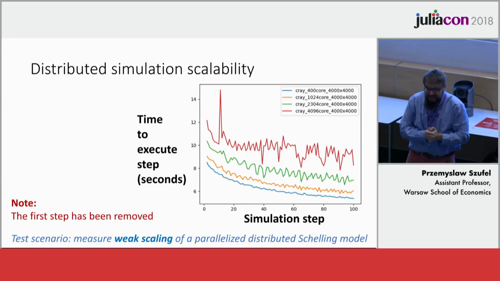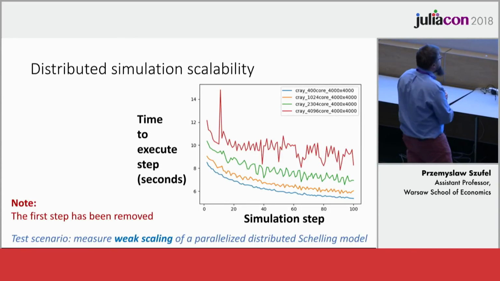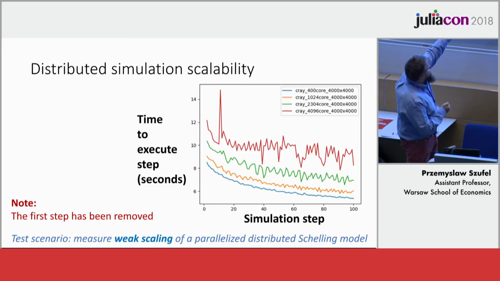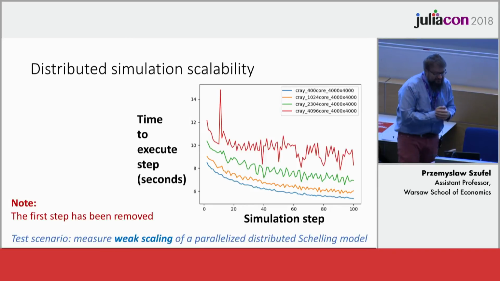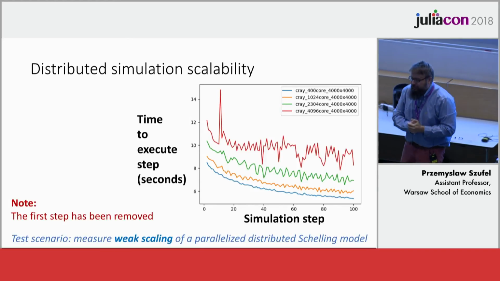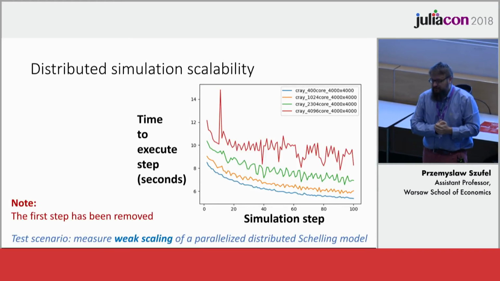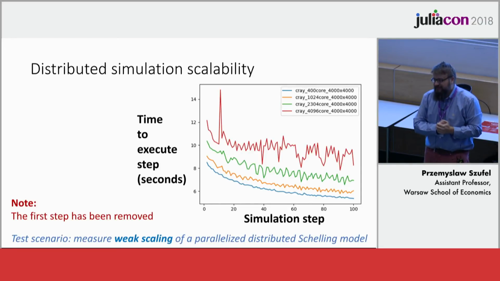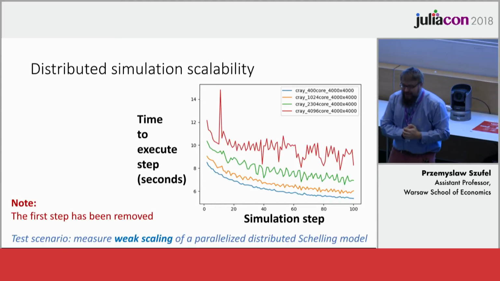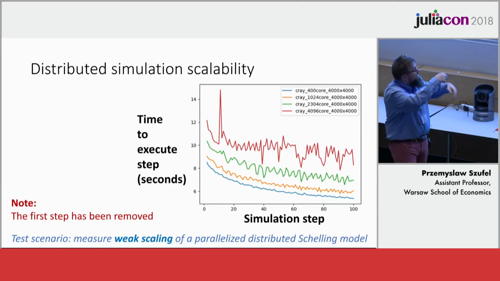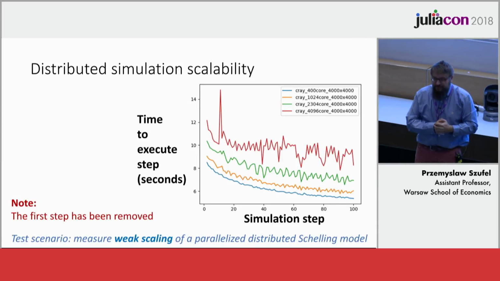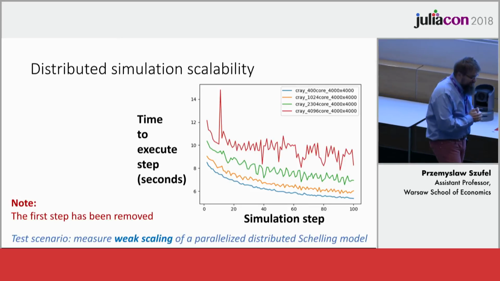So it's weak scaling. And you can see that the computational time is increasing much slower than the size of the computational problem. So actually, if you look at this, you can see that Julia scales quite nicely, and moving from like 400 cores to 4,000 cores totally makes sense.